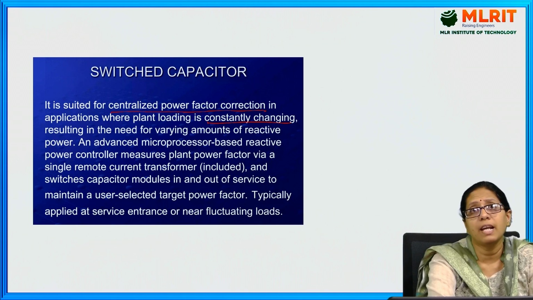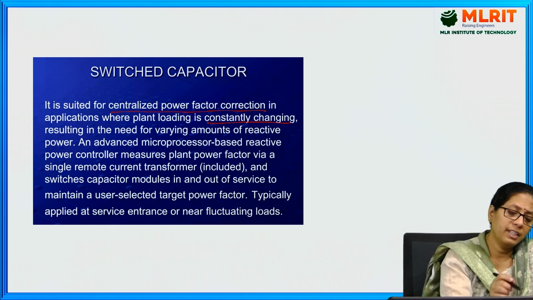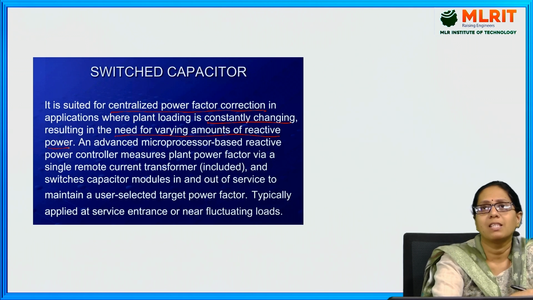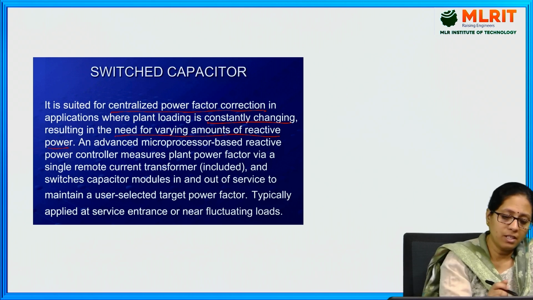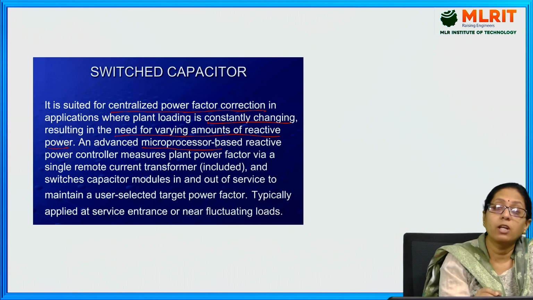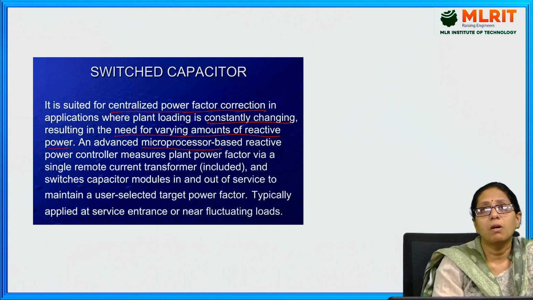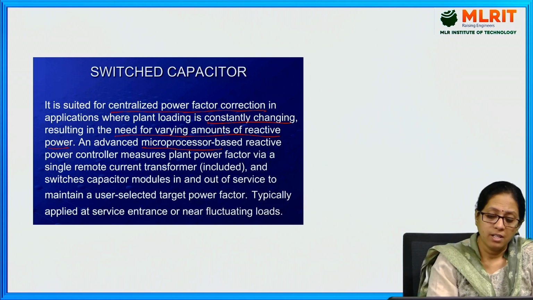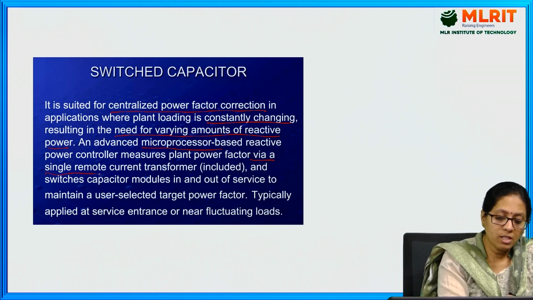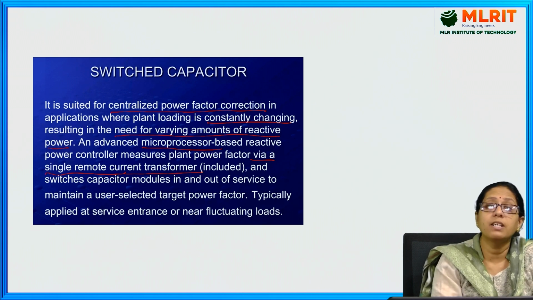In that particular case, we will be connecting this switched capacitor, resulting in the need for a varying amount of reactive power. That means as the load will be frequently changing, we need to connect a varying amount of reactive power to it. So here we will be using an advanced microprocessor based reactive power controller, which measures the plant power factor via a single remote current transformer.